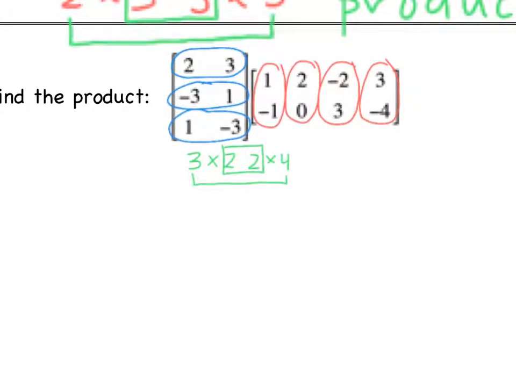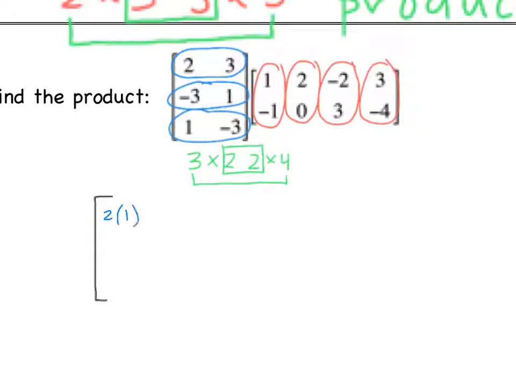As I mentioned, matrix multiplication is a combination of multiplying and adding. So we're going to take our first element and multiply it by the first element in the first column. So we're going to have 2 times 1.